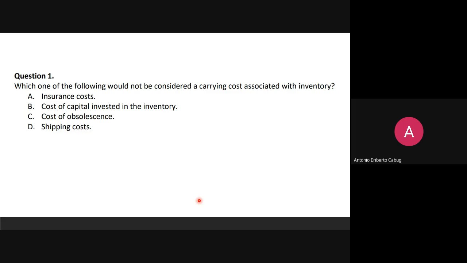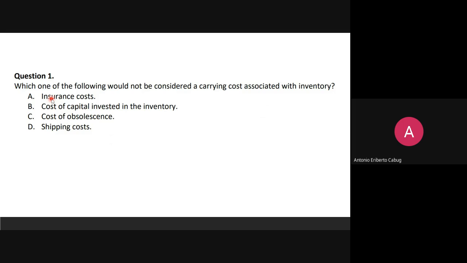Okay. So, alin dyan yung hindi carrying cost? Alin yung hindi carrying cost? Okay. Always remember, carrying cost kapag habang tumatagal, mas napapagastos ka. When the inventory is going to stay longer with us, we have to pay more insurance.